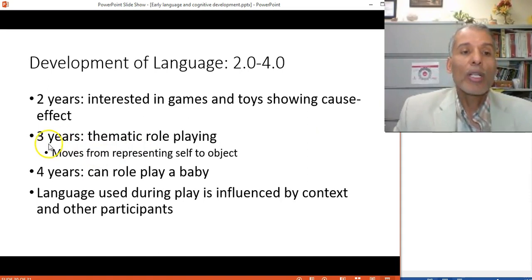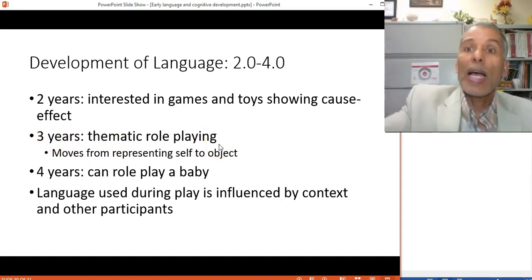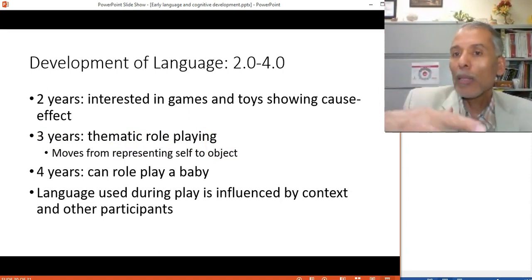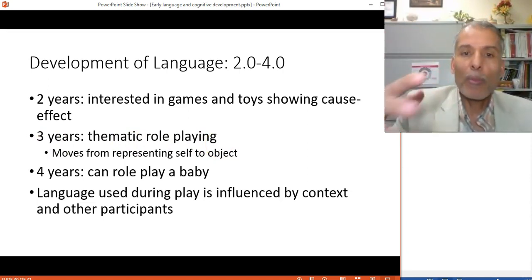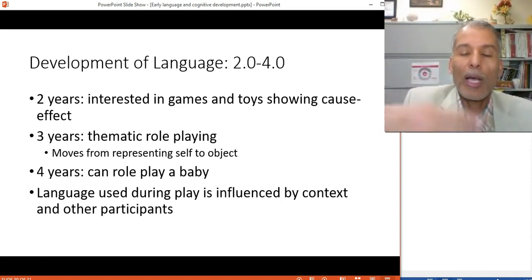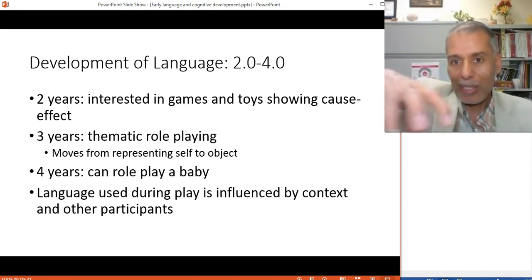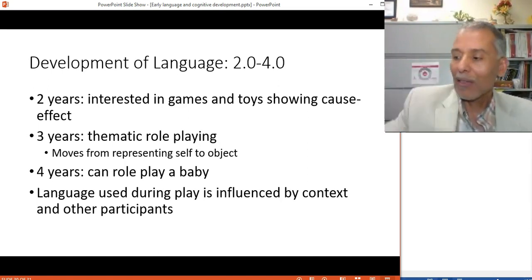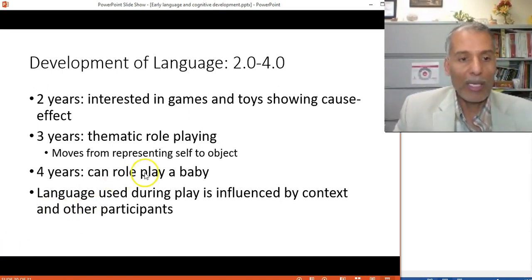At 3 years of age, they focus a lot on thematic role play. Let's play a gas station, and let's play maybe a train station. Let's play police, going to catch criminals. Let's play doctor, and all kinds of themes, when they have a context and focus and organize a game based on that.